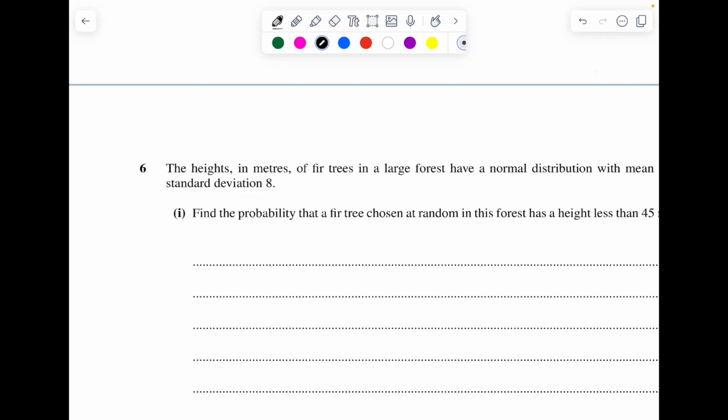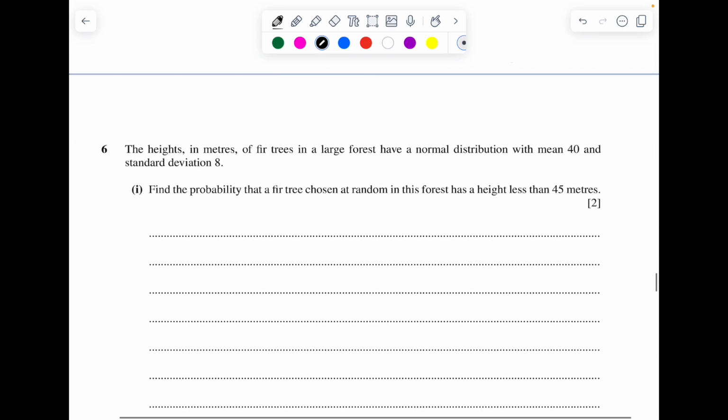Now coming to question number 6. The heights in meters. This is from normal distribution. Heights in meters for trees in a large forest is normally distributed with a mean 40 and standard deviation 8. Mean equals to 40, standard deviation is 8.